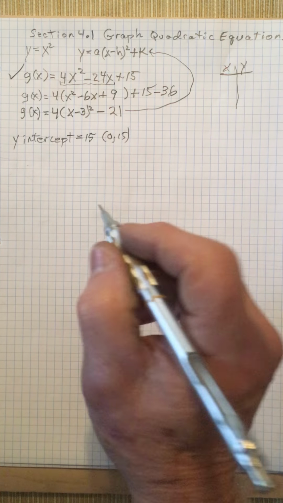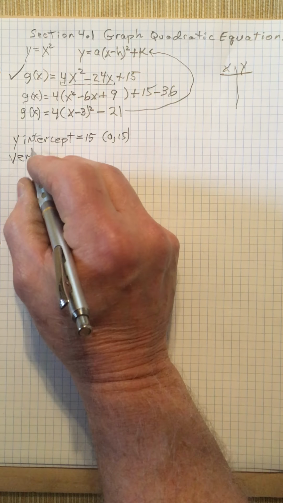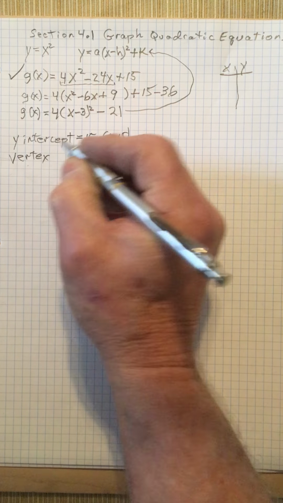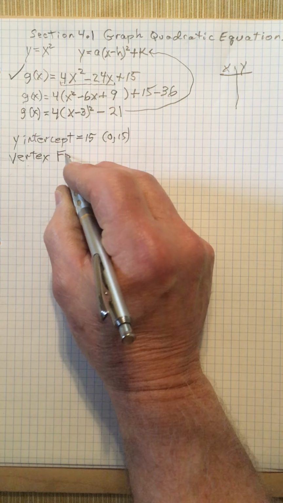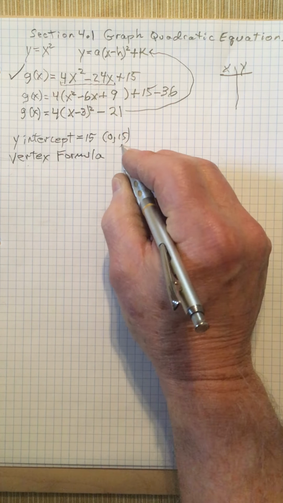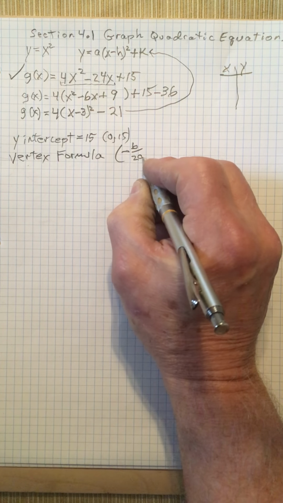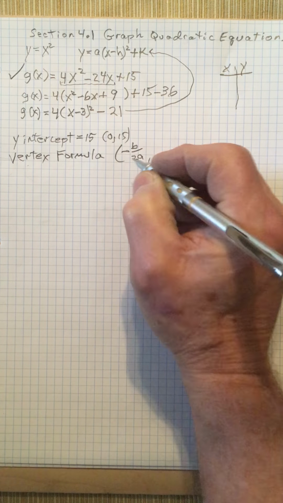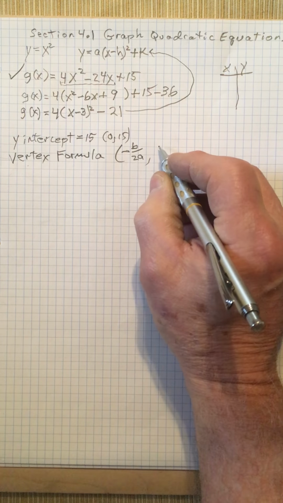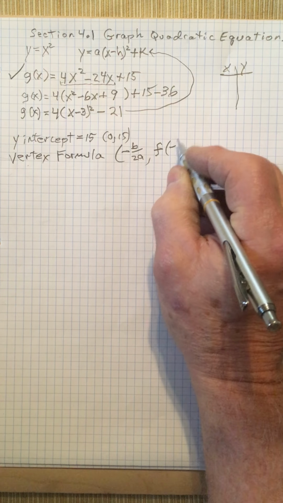So the vertex turns out to be pretty easy. There's a formula, and that's going to be the vertex formula. And that formula is simply minus b over 2a. So if that's the x value, then the y value would be the function at that point.